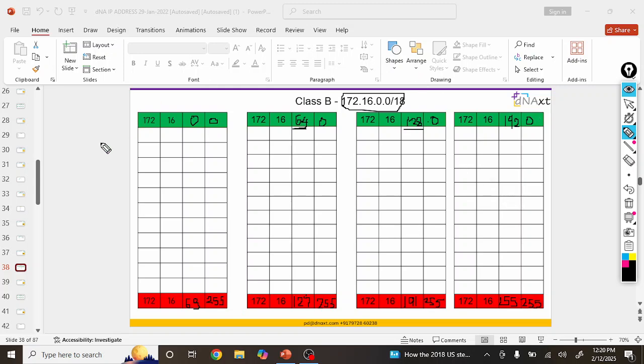Now let's write down the first valid host. The first valid host of the first sub network will be 172.16.0.1. See, not 1.0. We will always start from the extreme right side. On the extreme right side, first 0 to 255 will happen, and then only will you go from 0 to 1 in the third octet.